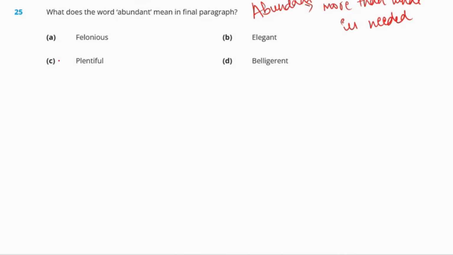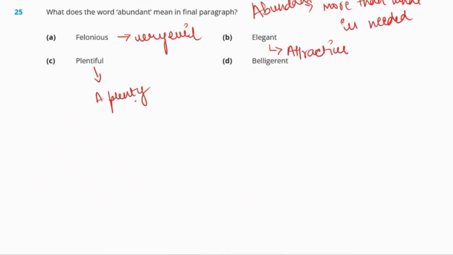Now let us see the meaning of the other words as well. So the first word is A, felonious. Felonious means very evil. Next is option B, elegant. Elegant means attractive. Next is option C, plentiful. Plentiful means a plenty of something, that is present in a plenty state.